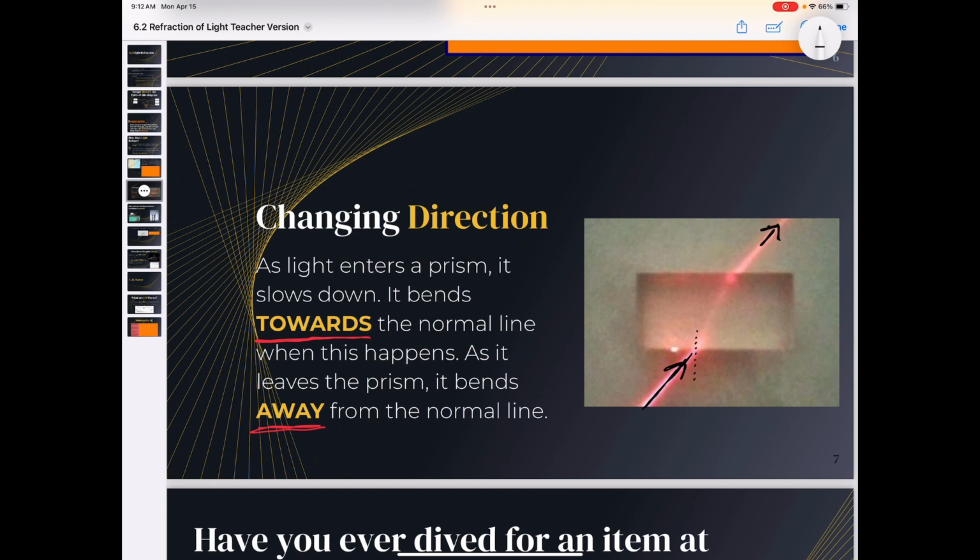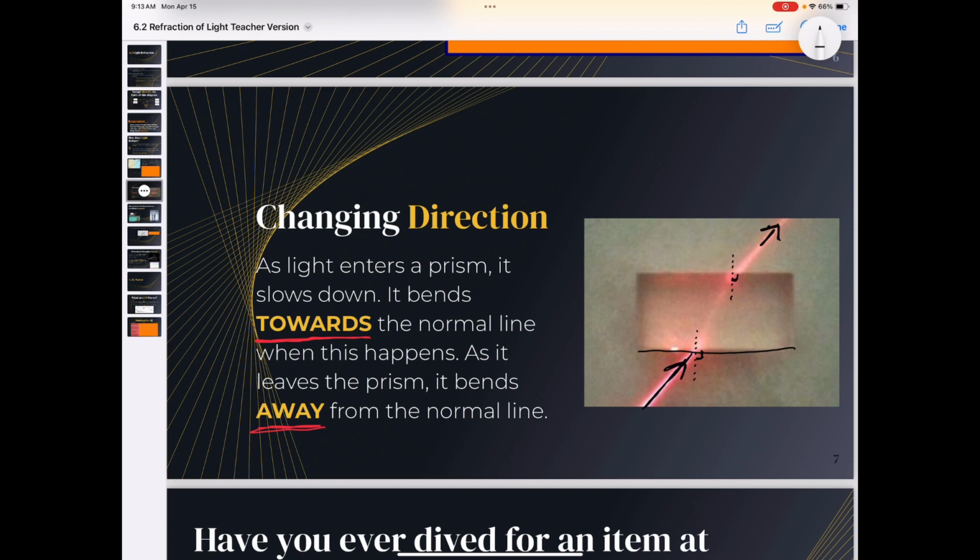So it looks kind of like that. And then I can do one on the other side as well. Again, I'm using a dotted line to represent the normal line, and it's at a 90-degree angle to the surface of the glass. And so you can see that I've formed 90-degree angles here to the prism.